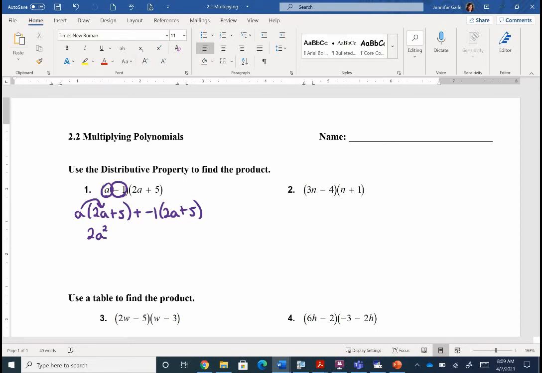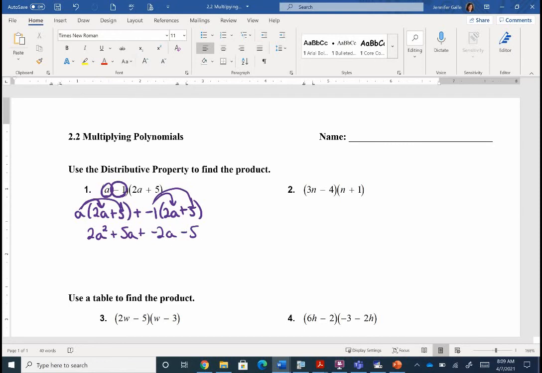And then I also have to take A times the 5. I'm going to get 5A. So all I did was split it into 2 separate smaller distribution situations. Then we do the second thing. I take -1 times A, and I take -1 times 5.